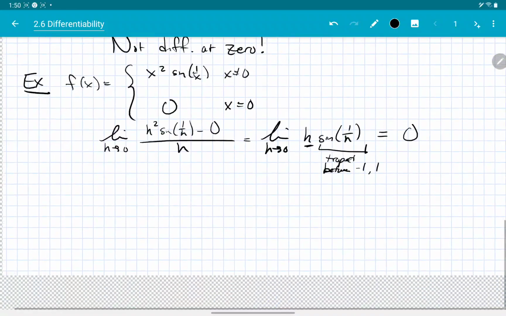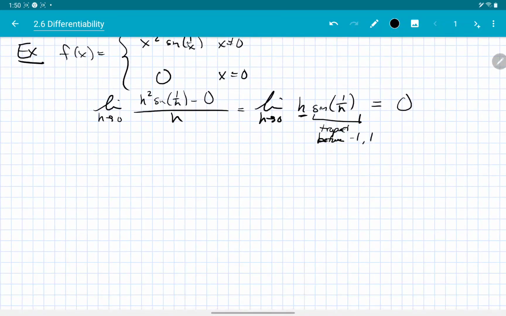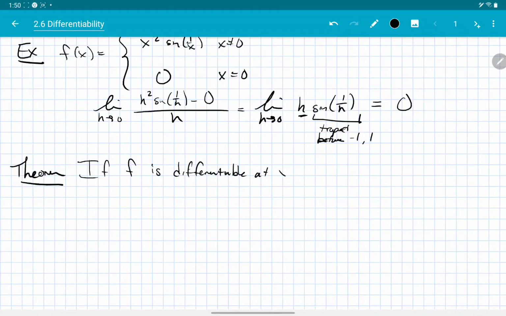Okay, there's one theorem in this section that I want to talk about. It's as follows. If a function f is differentiable at x equals a, then f of x is continuous at x equals a.